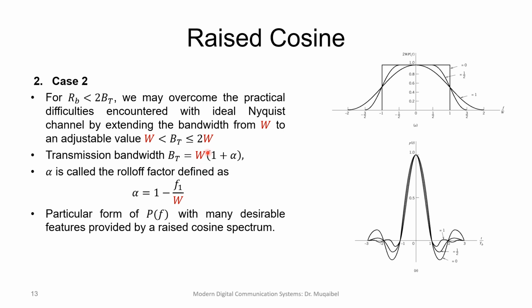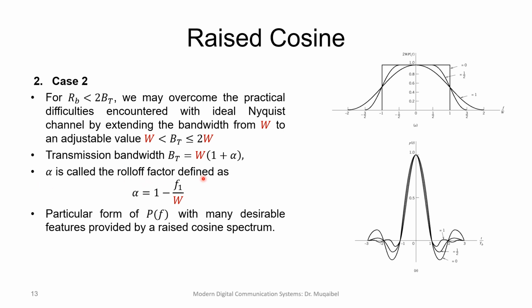Of course, if we have passband or baseband, there will be a factor of 2. So if alpha equal to 0 or alpha equal to 1, we can get 2W, and the minimum is going to be W. We can have divide by 2. This is in case of passband transmission. We can have also baseband transmission. Alpha is called the rolloff factor.